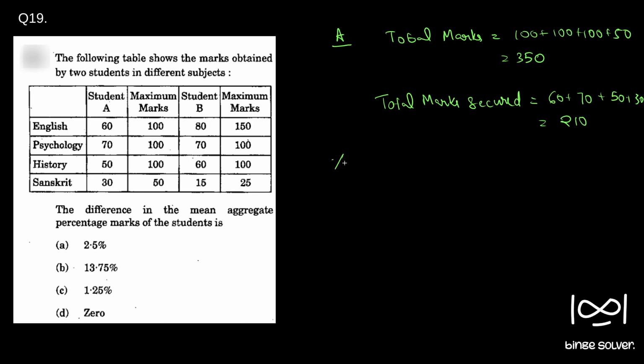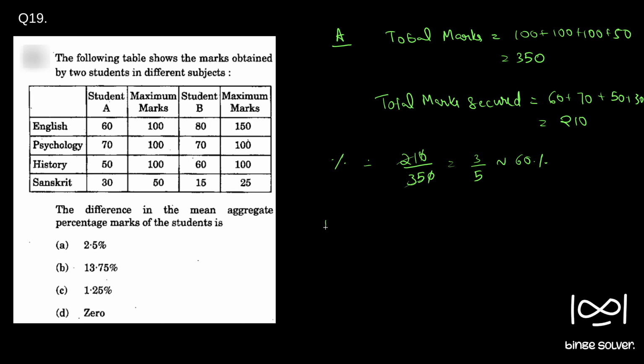So the percentage is 210 by 350, which is 21 by 35. If you cancel it with 7, you get 3 by 5, which is 0.6, which is 60 percentage.